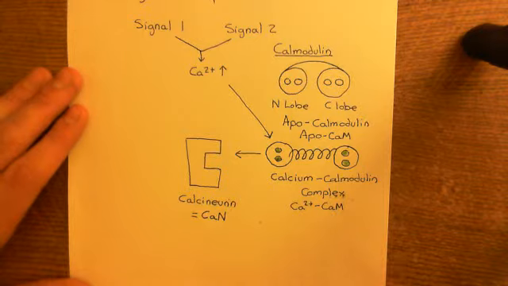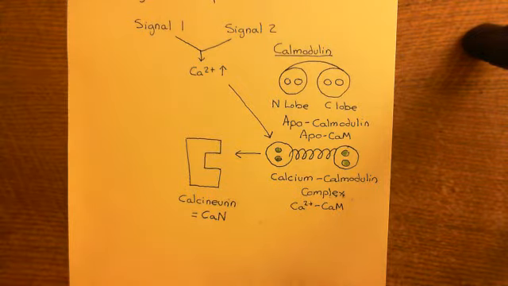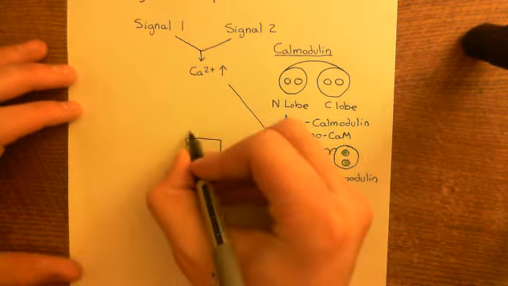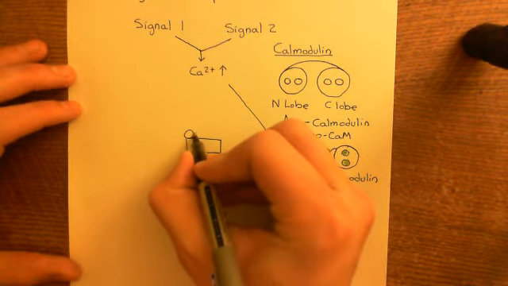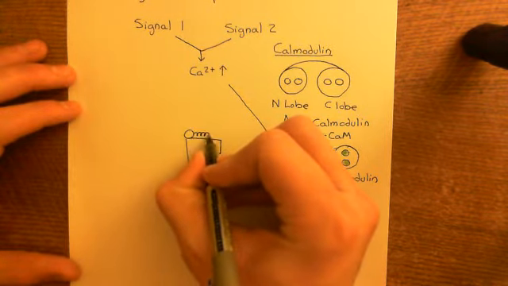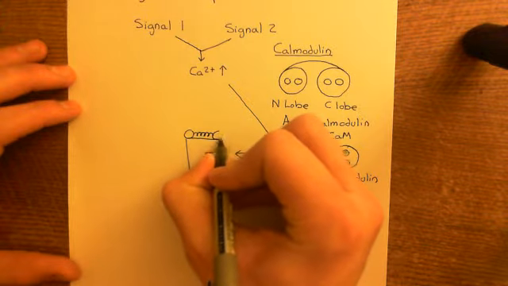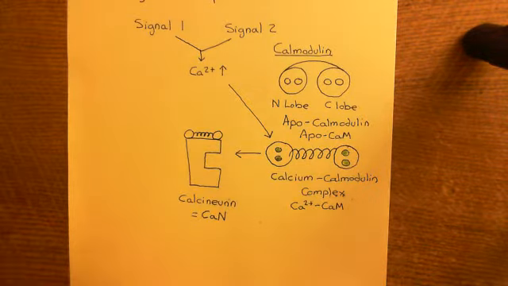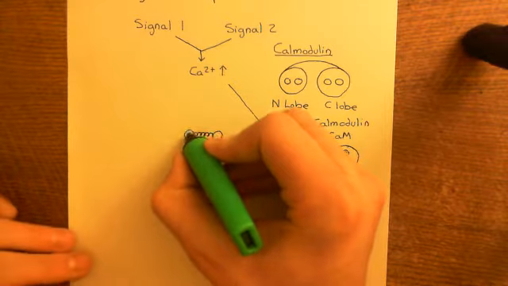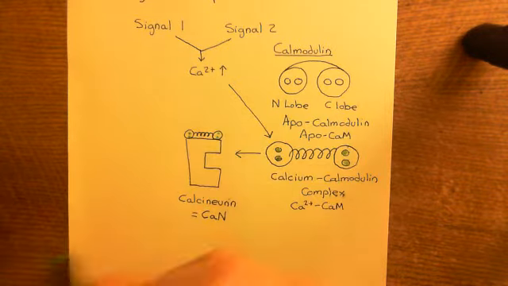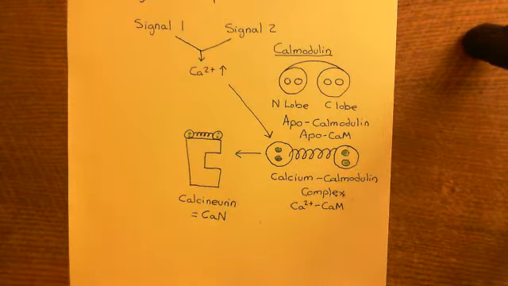So calcineurin, as I said, is usually sitting within the cytoplasm inactive, but once you've got calcium-calmodulin complexes forming within the cytoplasm, these complexes can bind to calcineurin. Let me show one here. Here is a calcium-calmodulin complex bound to the calcineurin, and this binding is going to activate the calcineurin.